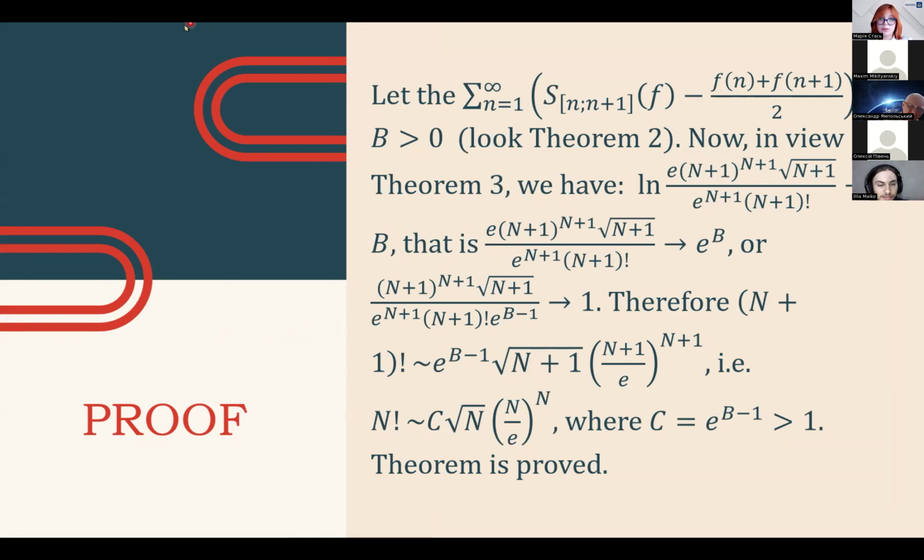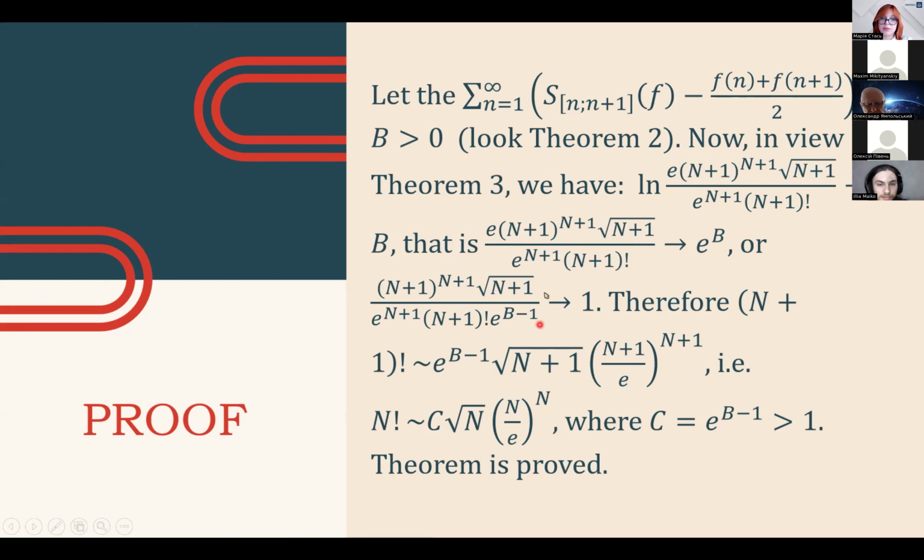It's bigger than 0. And in our view of theorem 3, this logarithm is approaching b. That means that our expression under the logarithm is approaching e to the degree b, or if we divide all this by e to the degree b, it will be approaching 1.